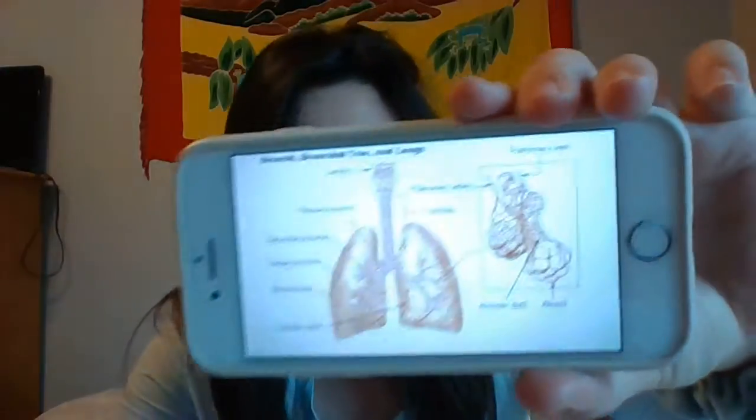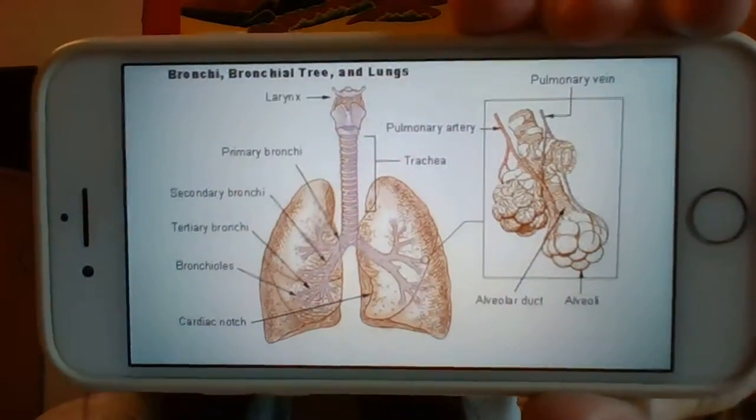Possible abnormal sounds that we might hear are crackles, rhonchi, wheezing, and pleural friction rub. This paragraph covers when and why we might hear these sounds. If you look at figure 10.2, this is a diagram of the lungs.